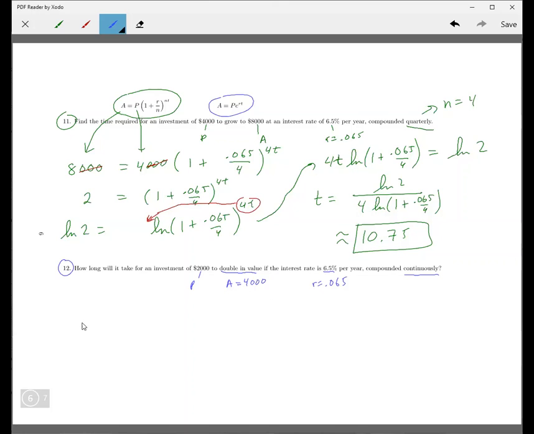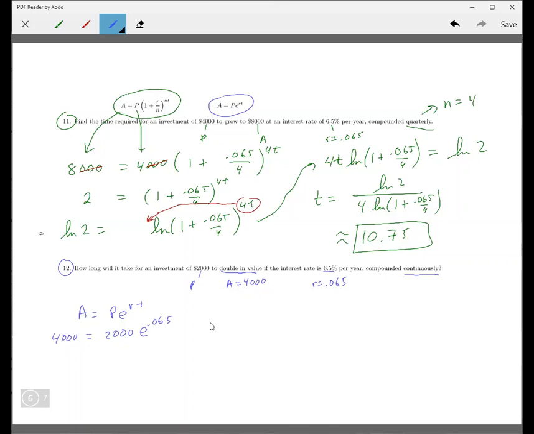Okay, so let's set everything up. So we have A equals P e to the rt. So we'll plug in 4,000 for A and 2,000 for P. And the rate is 0.065.